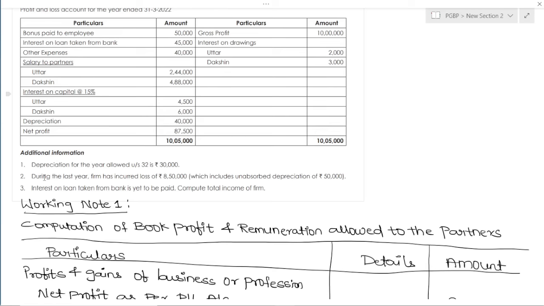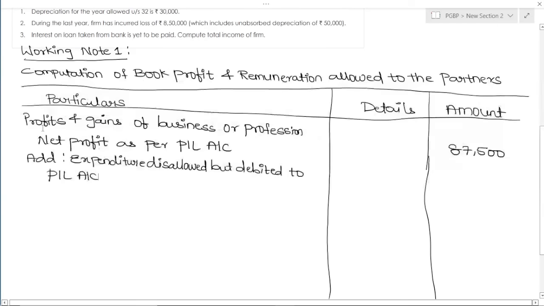Second item, interest on loan taken from bank, rupees 45,000. Obviously interest should be allowed. It is for the purpose of business. Section 36 says interest on borrowed capital is allowed as deduction. But wait, there is an adjustment. Adjustment number 3 says that the loan taken from bank is yet to be paid.